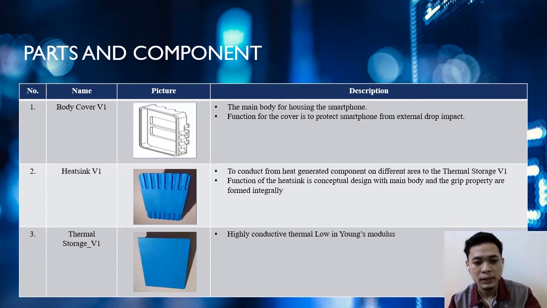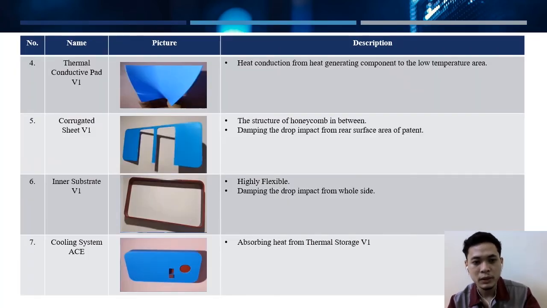Next, the heat sink. Third, the thermal storage. Fourth, the thermal conductive pad and corrugated sheet. The sixth part is the inner substrate, and lastly the cooling system.